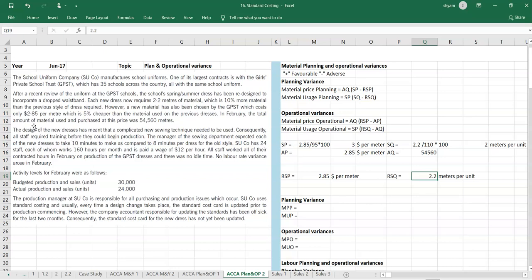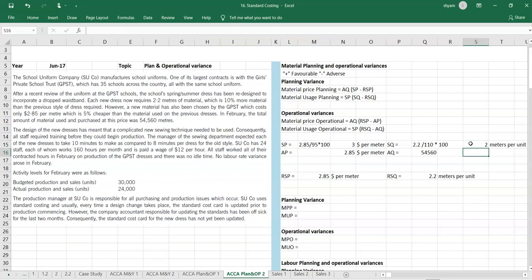Now they have given another paragraph. I think this paragraph is for the labor hours, because it tells you minutes and hours and all. So we'll leave this paragraph for now. Let's see here. It says activity levels for February were as follows. Budgeted production and sales was 30,000 units. Actual production and sales were only 24,000 units. So 24,000 is the actual units.